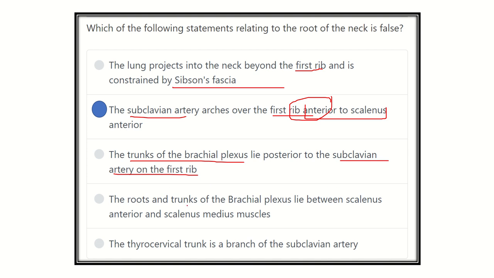Then the fourth option, the root and trunk of the brachial plexus lies between the scalenus anterior and scalenus medius, is also true. The thyrocervical trunk is a branch of the subclavian artery, which is also true.